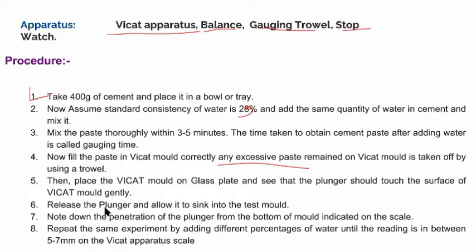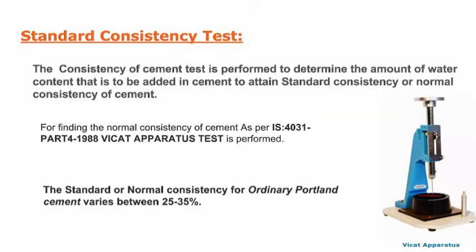After that, the plunger is released and allowed to sink into the test mold. Note down the penetration of the plunger from the bottom of the mold indicated on the scale. Here is the scale.